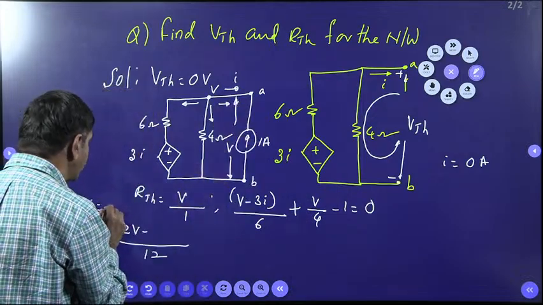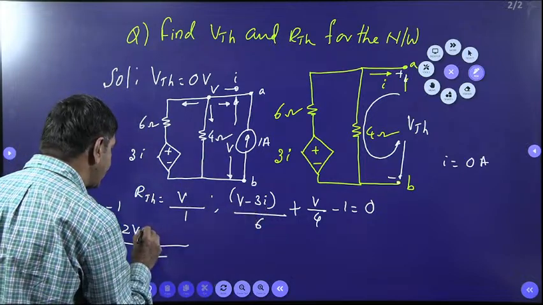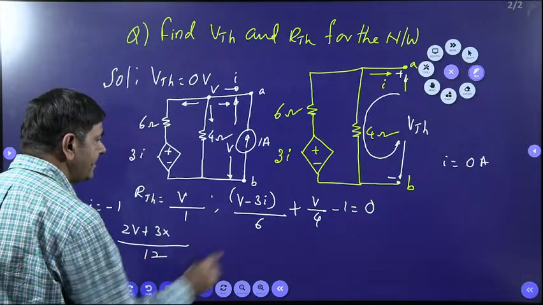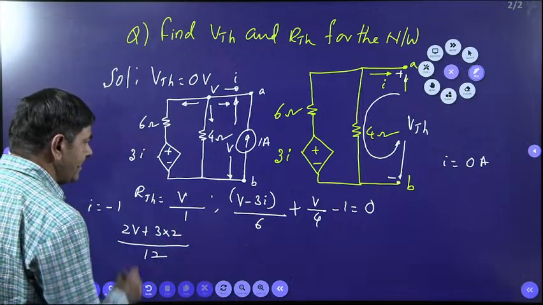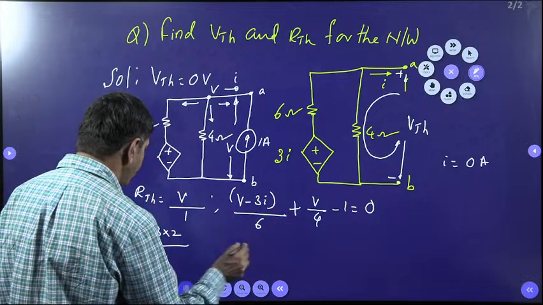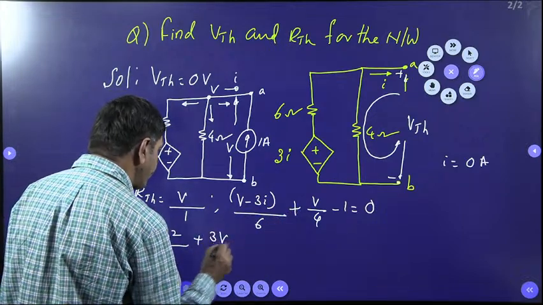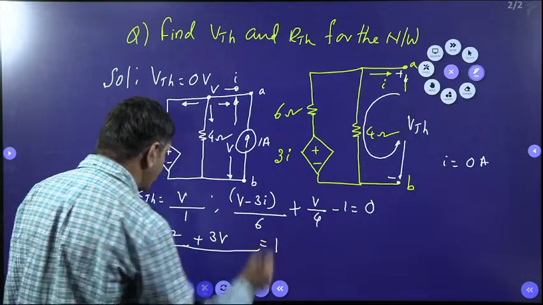So I equals minus, plus 3, we can get here. 3I into 2, this is 2V we are getting. 4 3s, 3V is possible here, equal to 1.